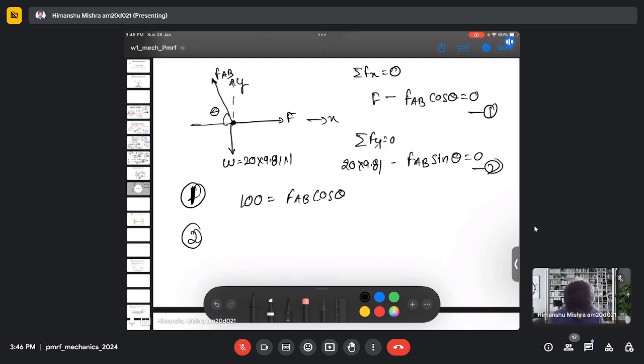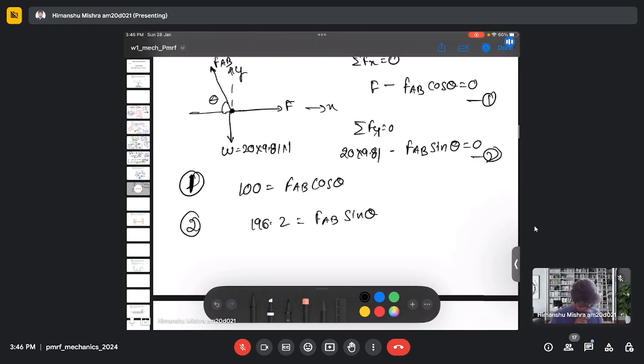And equation 2 is 196.2 equals FAB sin theta.